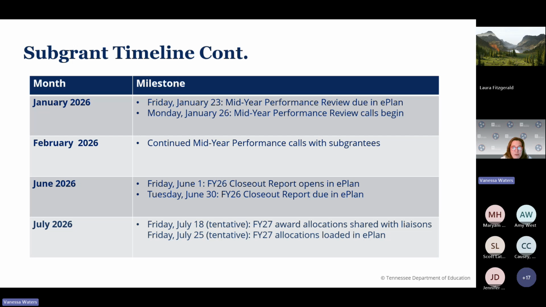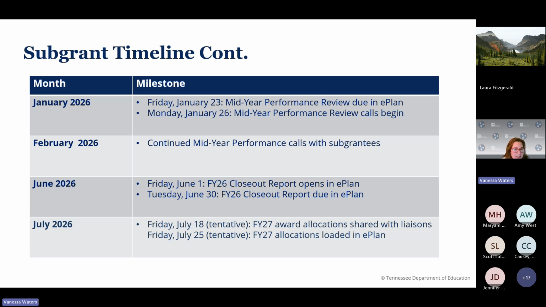In June, again, we're looking at your closeout reports, which will open on June 1. The reason it's opening on June 1 is these funds for FY26 are good through July. I'm sorry, I'm getting all muddled.